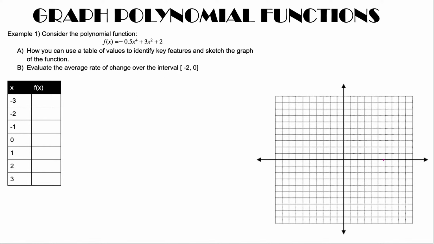First of all, let me take a pen. If we plug -3 into this function, (-3)^4 is 81, times -0.5 is -40.5.